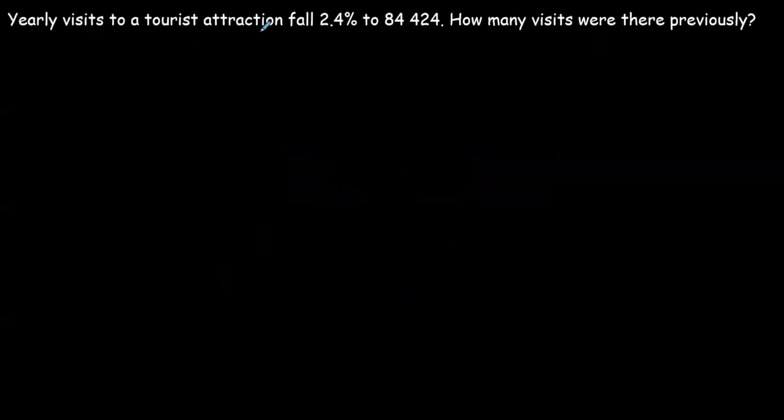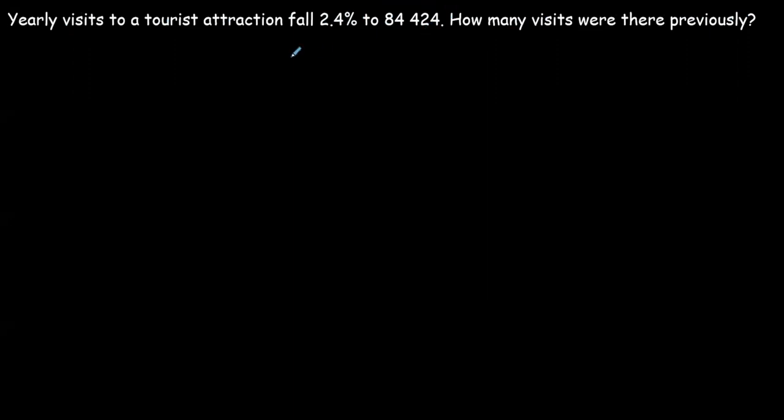Yearly visits to a tourist attraction fall 2.4% to 84,424. How many visits were there previously? So this is again a decrease question. So we just do 100 minus 2.4 to get the percentage for this value.